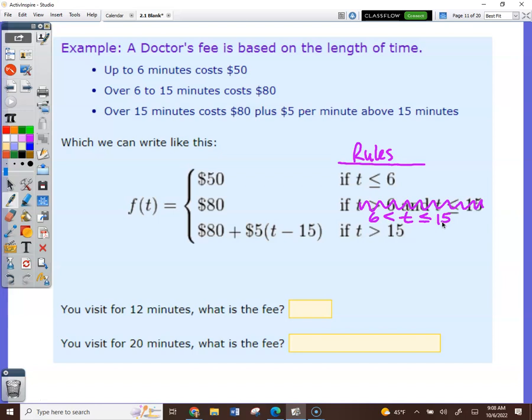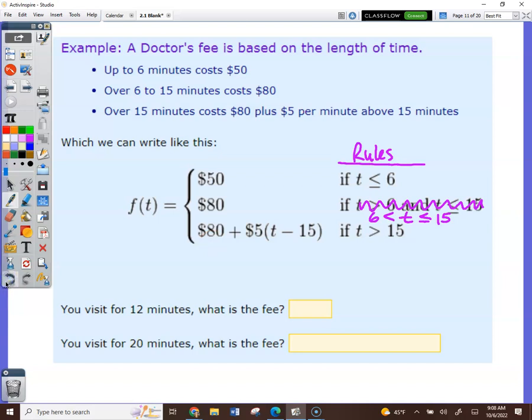So if you're there beyond 6 hours up to 15 hours, he's going to charge you $80. And then if you take up more than 15 hours, he's going to charge you $80, right?